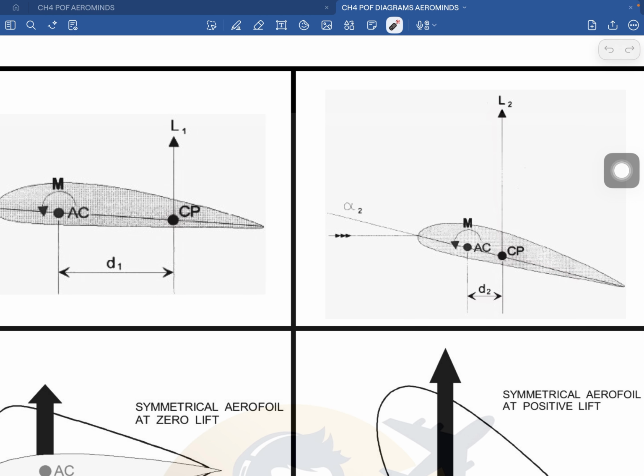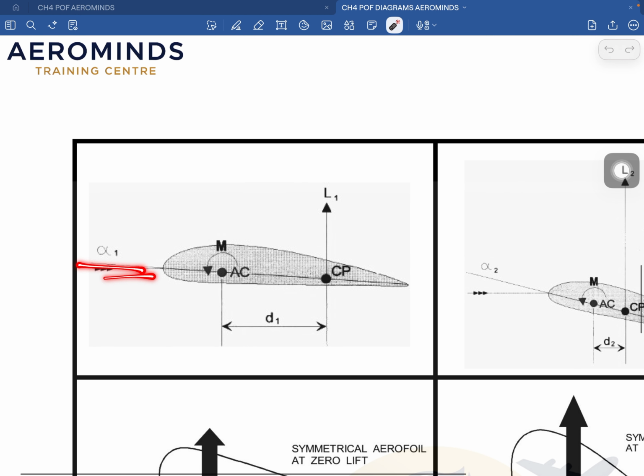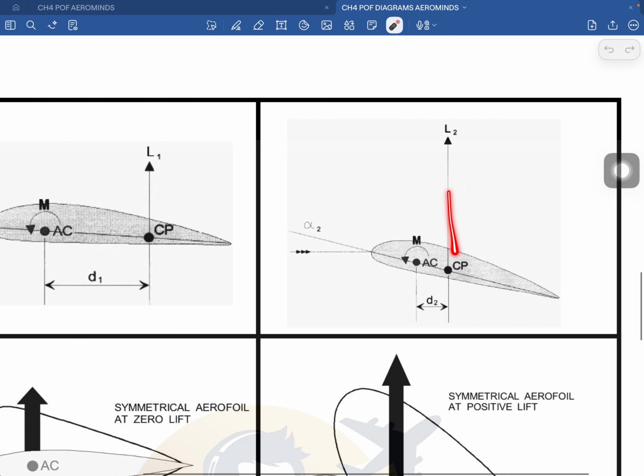As the angle of attack increased, the lift force increased, and at the same time the center of pressure moved forward. This means the distance between the AC and the CP becomes smaller, so the moment arm will become smaller.